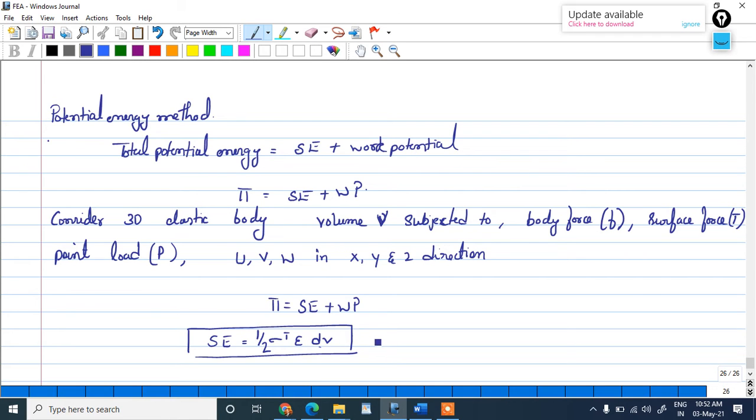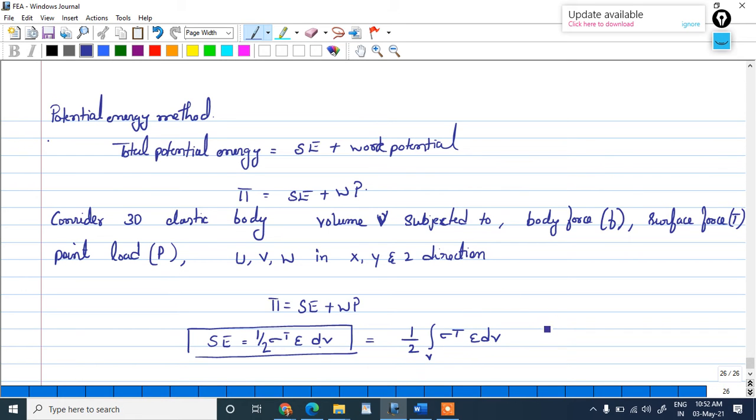For the entire body, the integration comes into the picture: half integral over volume V of sigma transpose epsilon dV.